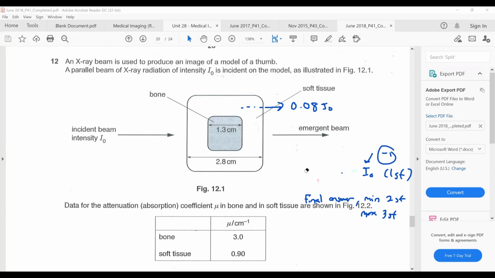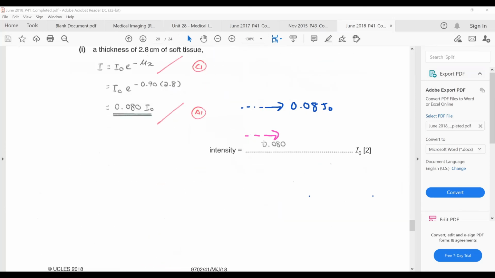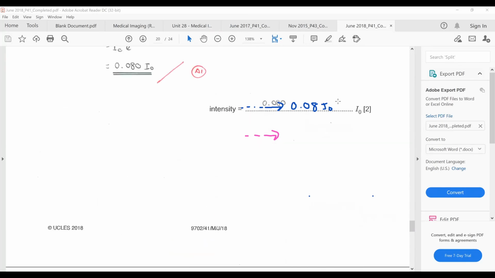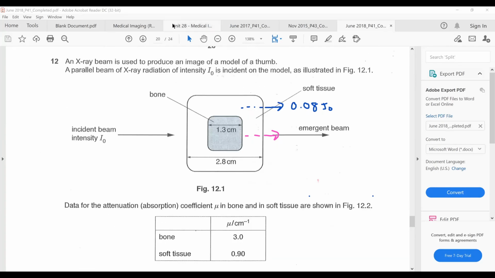But if you're talking about the intensity that emerged from tissue and bone, this is what you get: 0.052 I naught. So these two are actually very different.